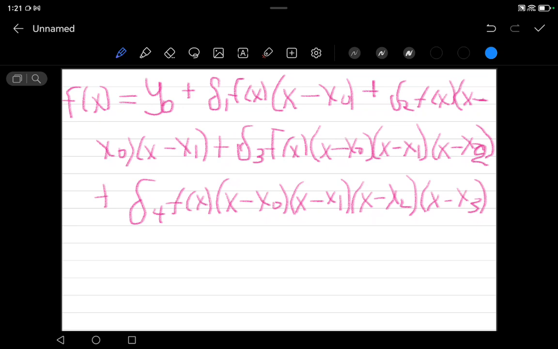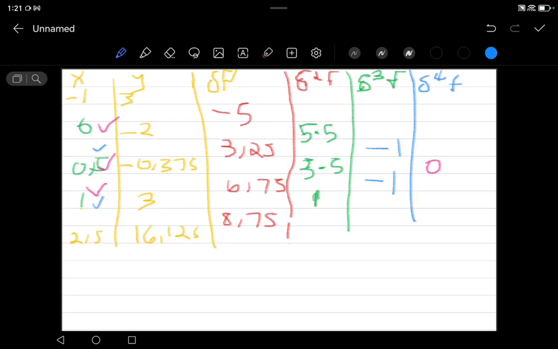Okay, so we have f of x, and then now we're going to substitute our y0. Y0 is what? It's 3. And then delta 1, this is 1, this is 2, this is 3, and then this is 4. And then here, we use these coefficients.